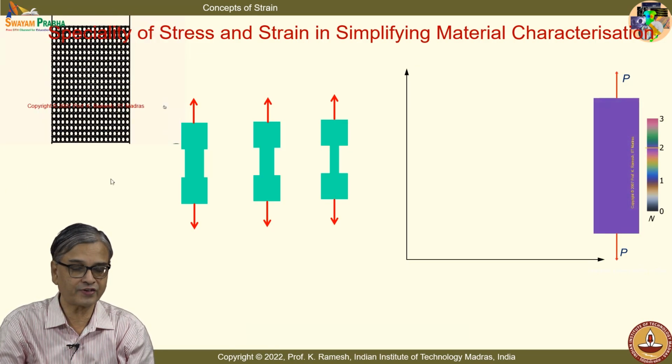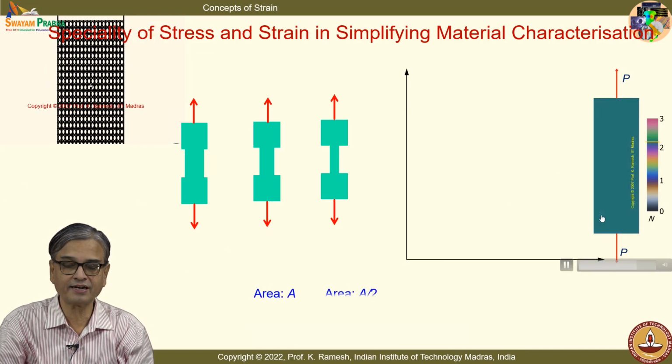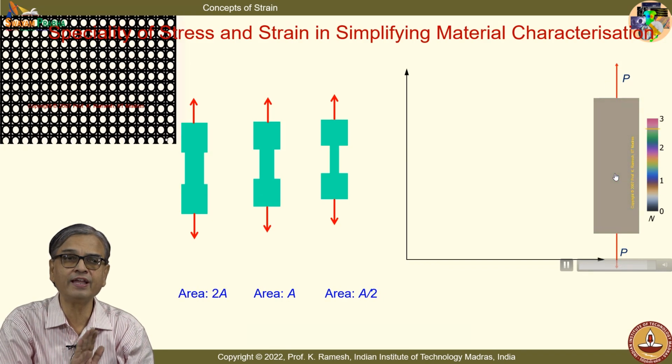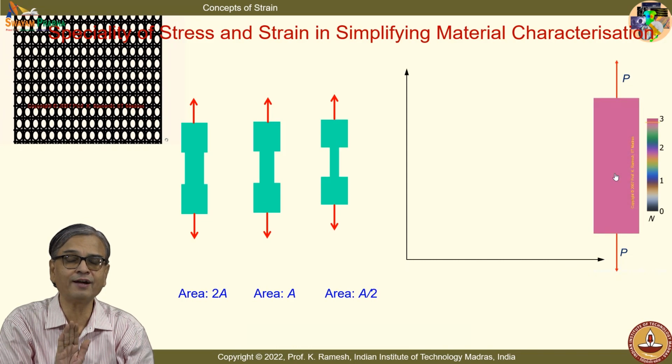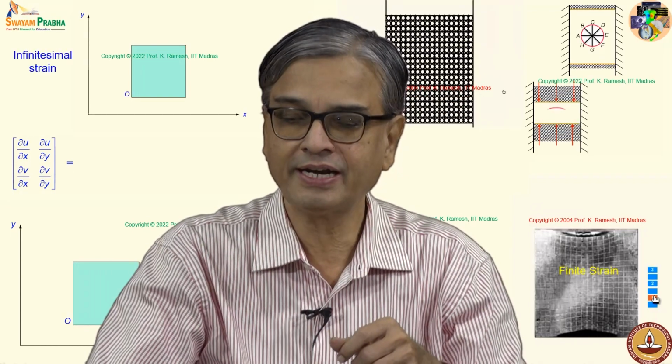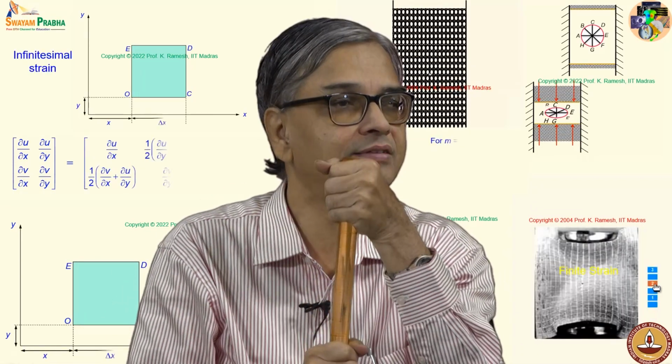Whereas in the case of stress, when we looked at it, we were able to apply uniaxial stress very comfortably. I don't have to do anything extra to apply uniaxial stress. Simply take the object and pull it. That's all I do.